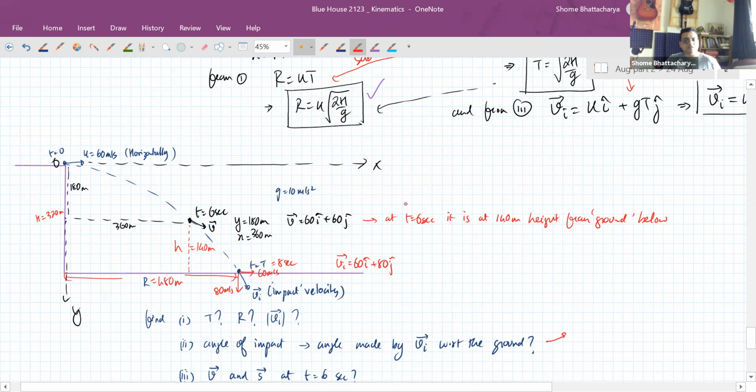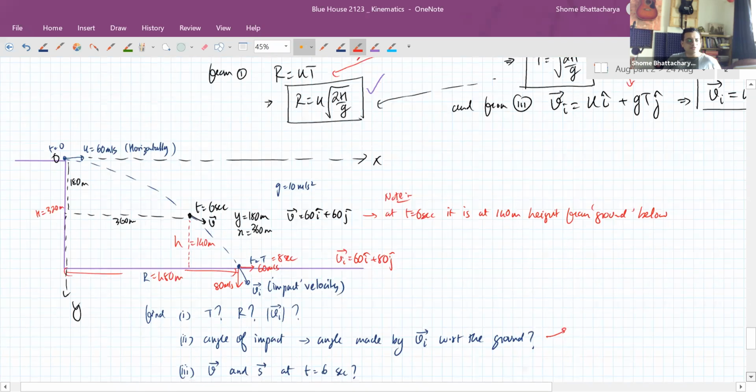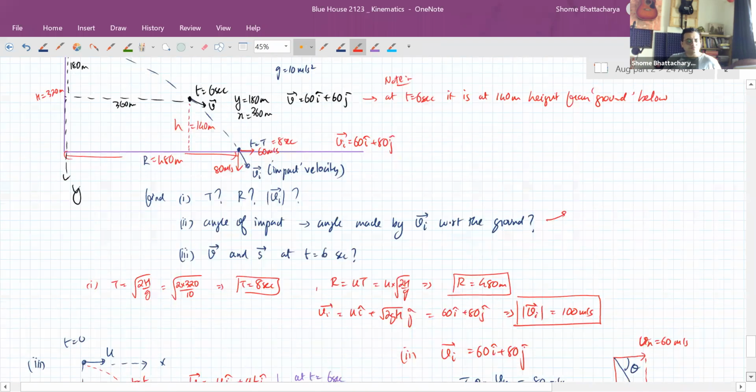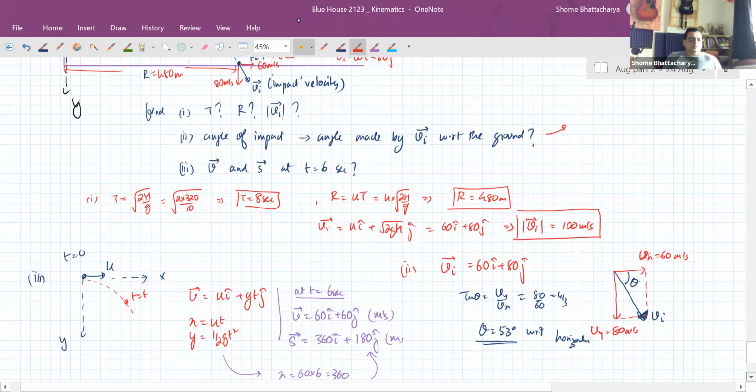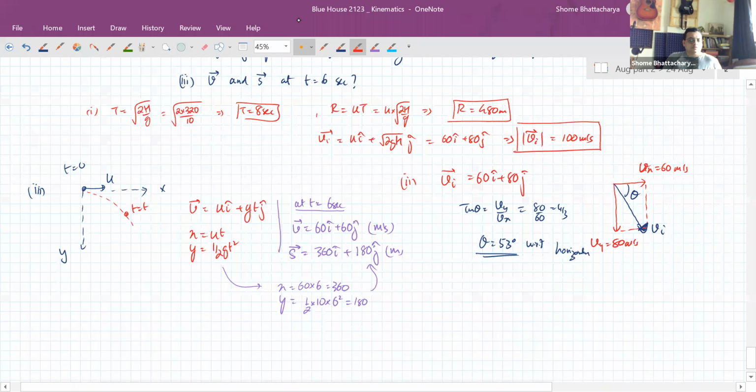Additionally, the y coordinate is 180, which means that the height from the ground is capital H minus y. I hope this is clear now.